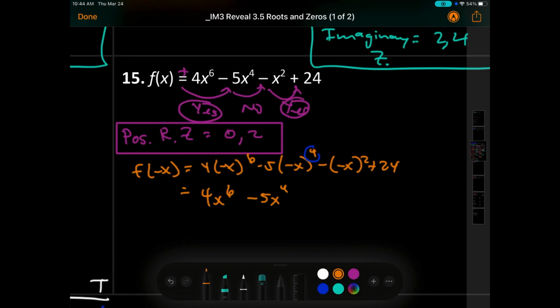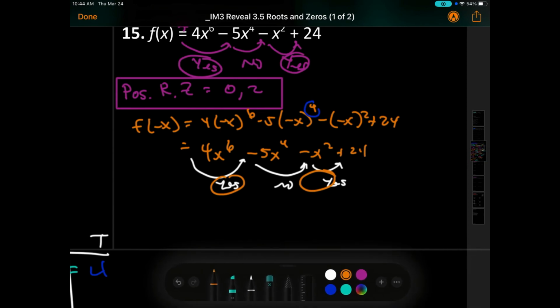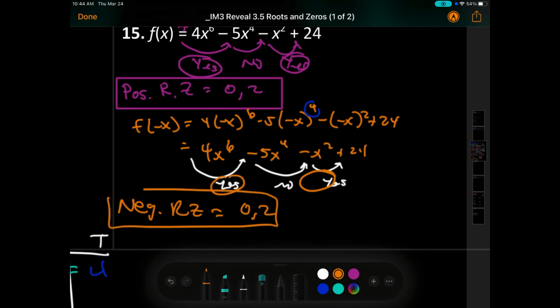Not stay the same. It's going to do the opposite of what's in that parentheses. Hopefully you understood what I was trying to say. Okay, this is a positive, so yes, no, yes. So 1, 2, so negative real zeros is going to be 0, 2. We've got to count by pairs.